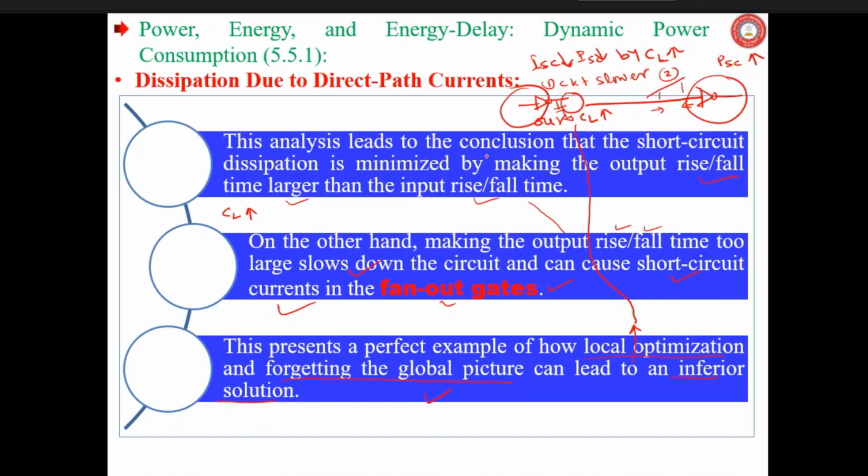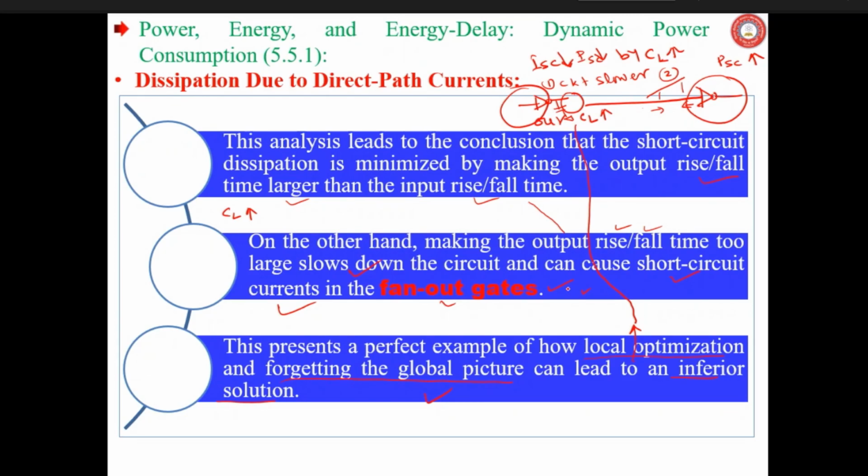This analysis leads to the conclusion that the short circuit dissipation is minimized by making the output rise and fall time larger than the input rise and fall time. That is one conclusion. On the other hand, making the output rise and fall time too large slows down the circuit. That is also a problem and can cause short circuit currents in the fan out gates.